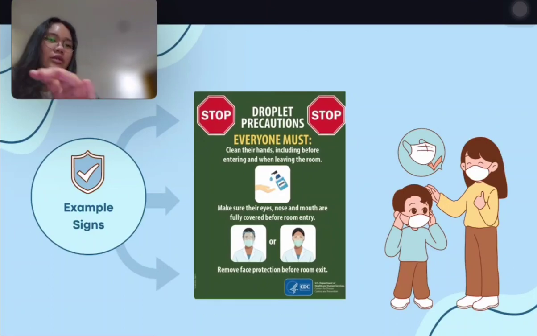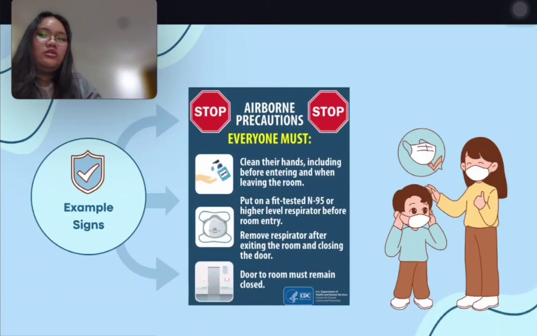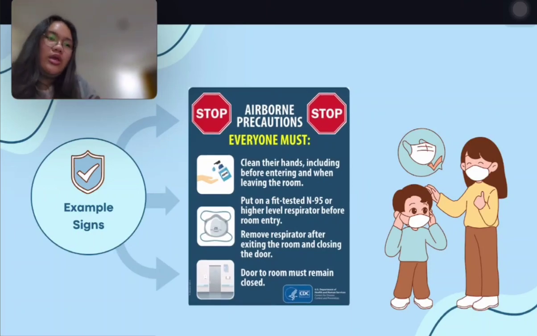We have hand hygiene and using PPE. Next, we have airborne precautions. We have hand hygiene, using high-level respirators, since airborne precautions are for pathogens spread through the airborne route, so through sneezing, talking, coughing, and then included in the environmental control, doors to rooms must remain closed.